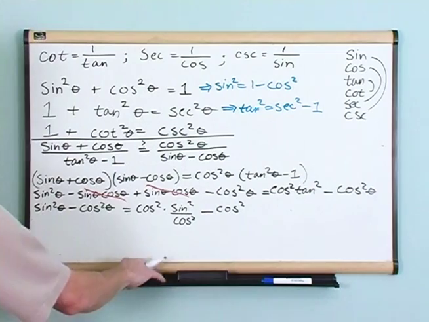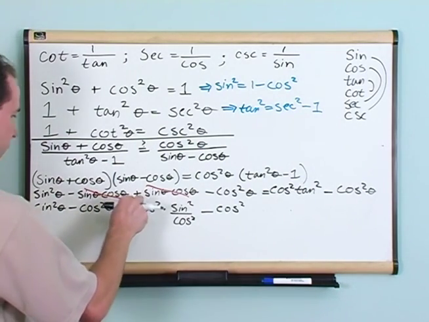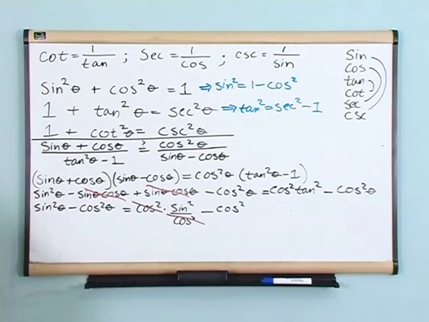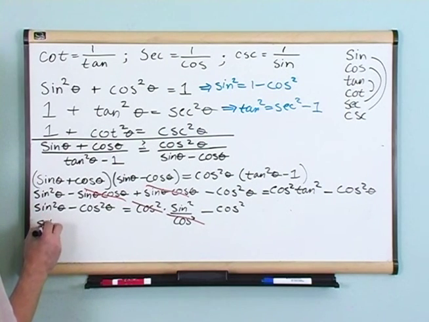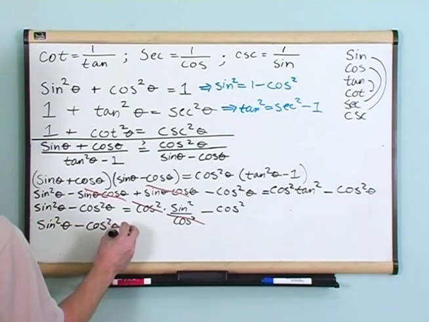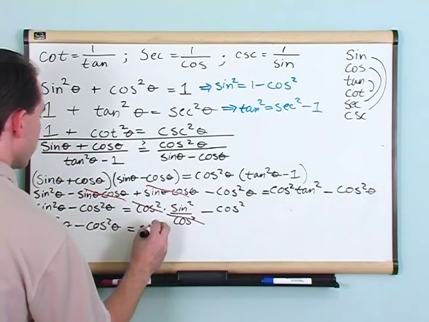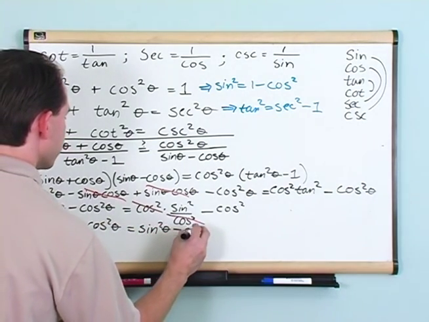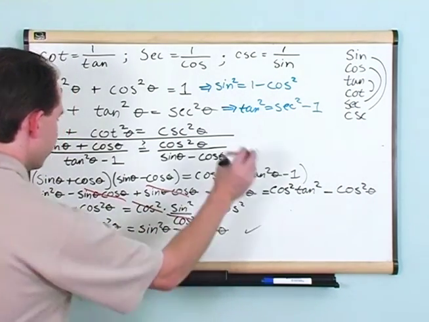The only reason I did that was because I want to simplify things and get rid of that. Now it looks like the problem is solved. Sine squared of theta minus cosine squared of theta is equal to sine squared theta minus cosine squared theta. So it checks out.